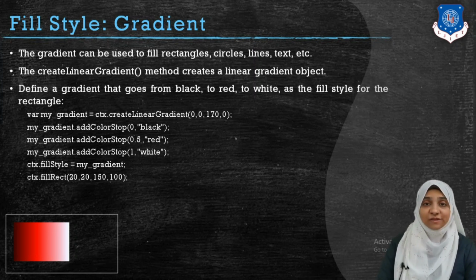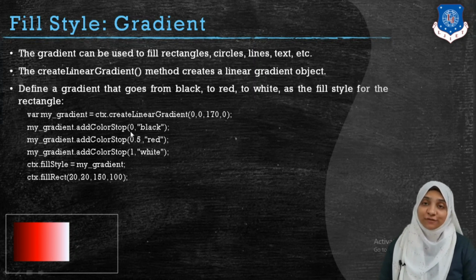So here, as the second line displays, myGradient.addColorStop, my gradient must start with black, that's why 0, black is given. The gradient should stop at white, that's why the line myGradient.addColorStop 1, white is given, and in between, at the middle point, the gradient should be red.